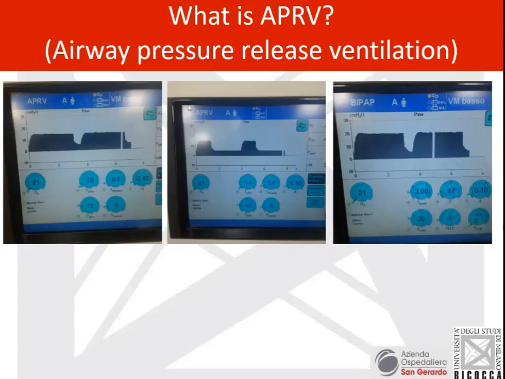However, not because we set the APRV mode on our ventilator is this principle necessarily applied. As you see here, I can use APRV as a traditional pressure control mode, or I can use a traditional pressure control mode to perform a sort of APRV-like pattern.